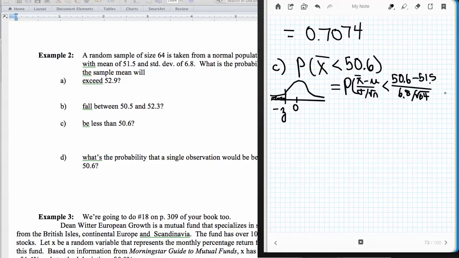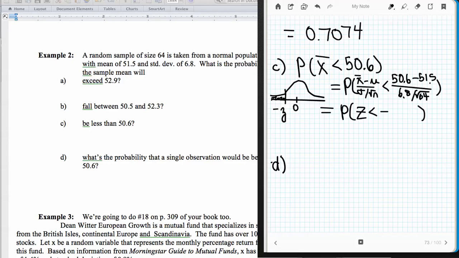Once I find that value, I'll do a direct table lookup, so the probability that my z is less than some negative value. Now I'll let you go ahead and do that one on your own. In a minute I'll look it up and get it finished up, and that way you can compare.